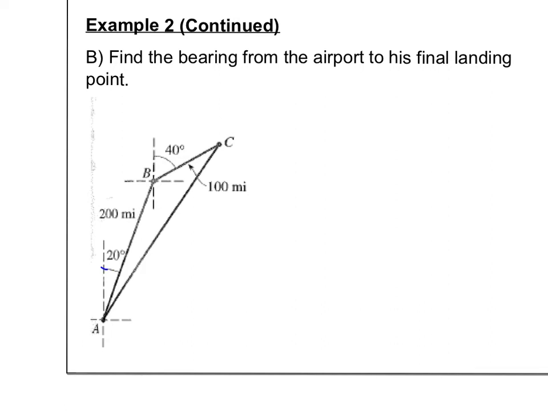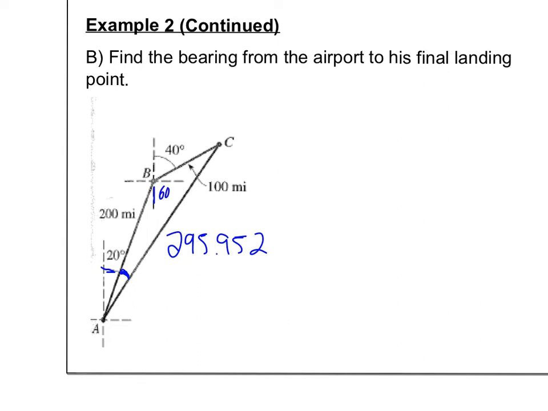So I have this is 20 degrees. I have to figure out this length. We already figured out on the previous part that this is 295.952. We are trying to figure out this length right here. Now, this is nothing more than law of sines.